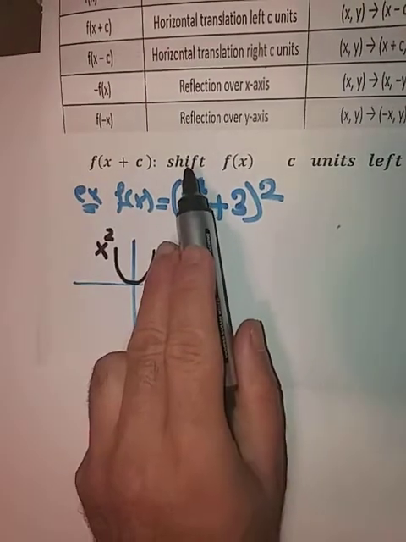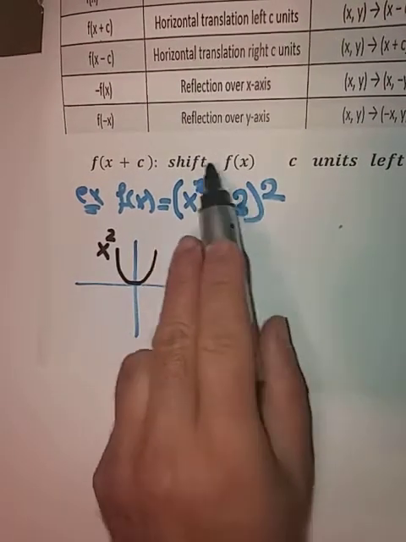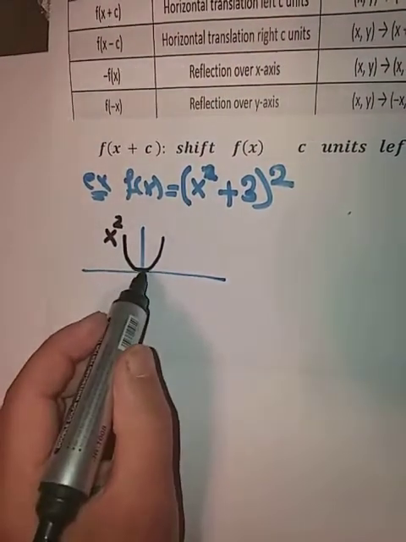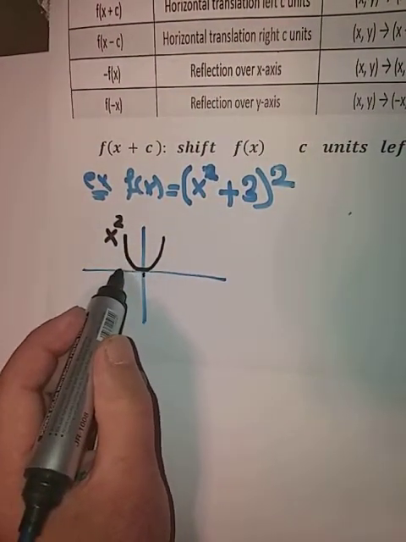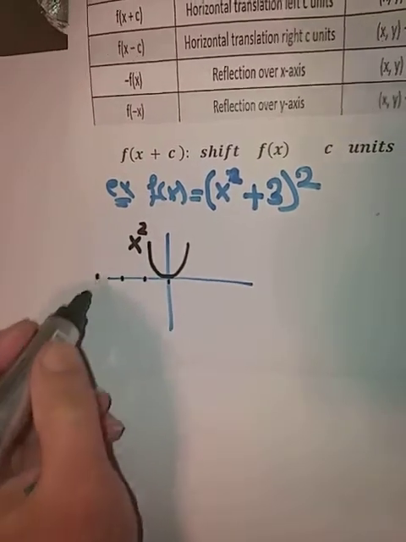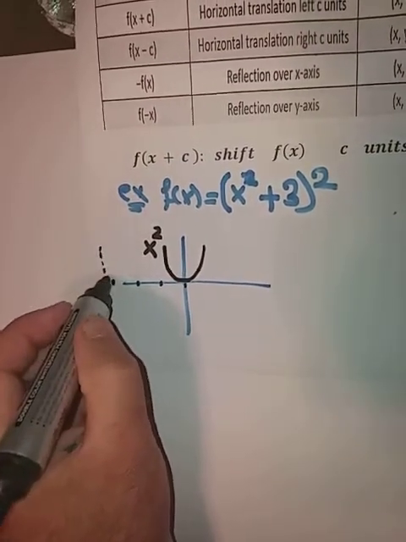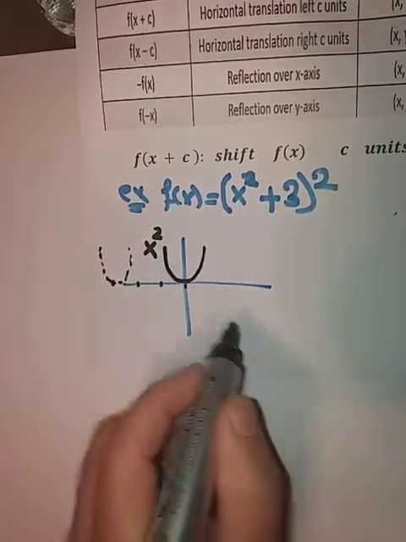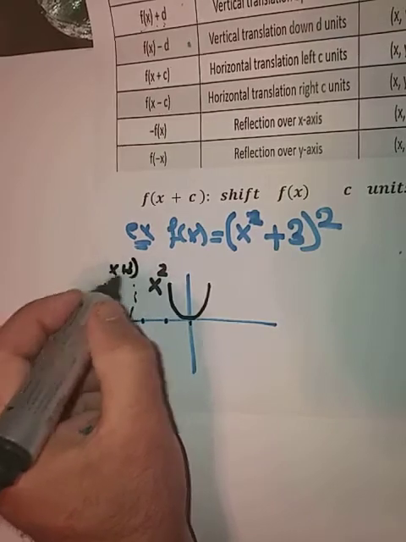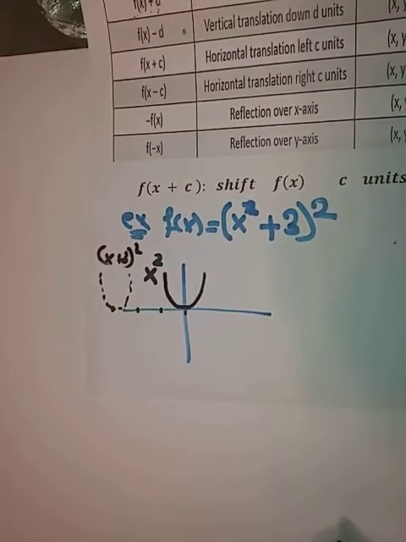Inside means a horizontal shift, c units to the left. We go to the left from this point, 1, 2, 3. Then the graph. This is the graph of x plus 3 all squared.